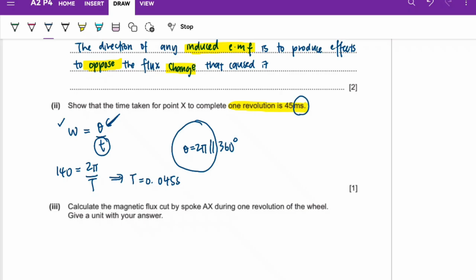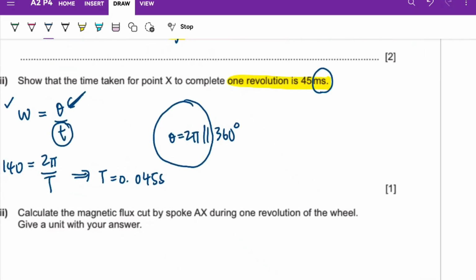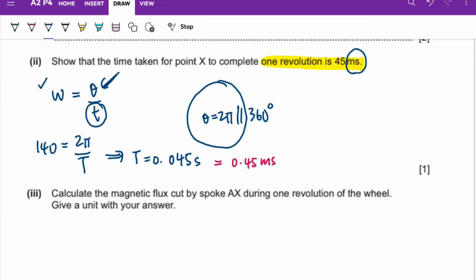So when you convert this, you should get 0.45 milliseconds. Okay, right, easy, right? Time taken for 1 revolution. Remember, read the question properly. They say 1 revolution, so think about it. 1 revolution, what is the angle? It's 2 pi, and we have our omega. So substitute in, you will get your answer.